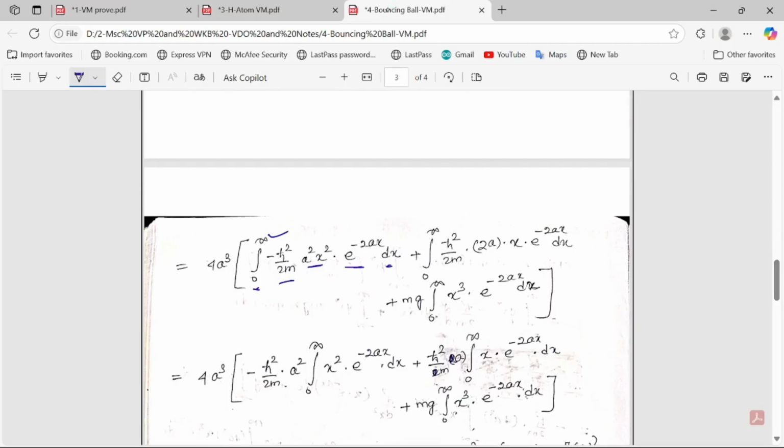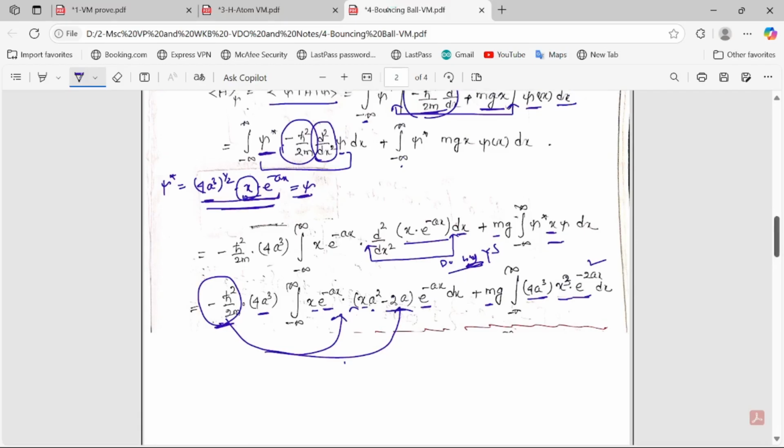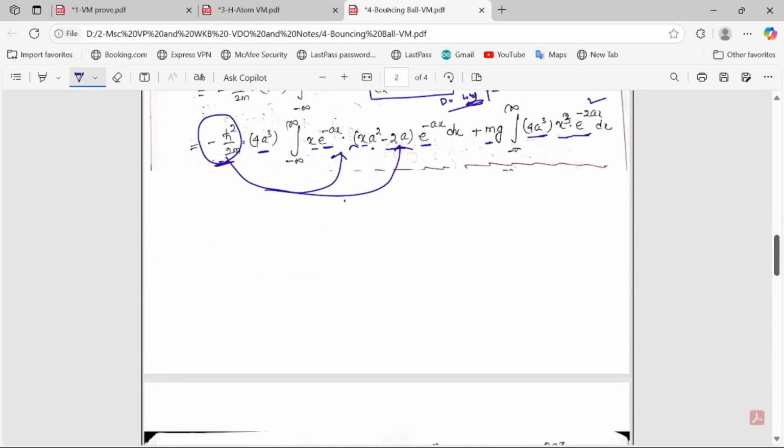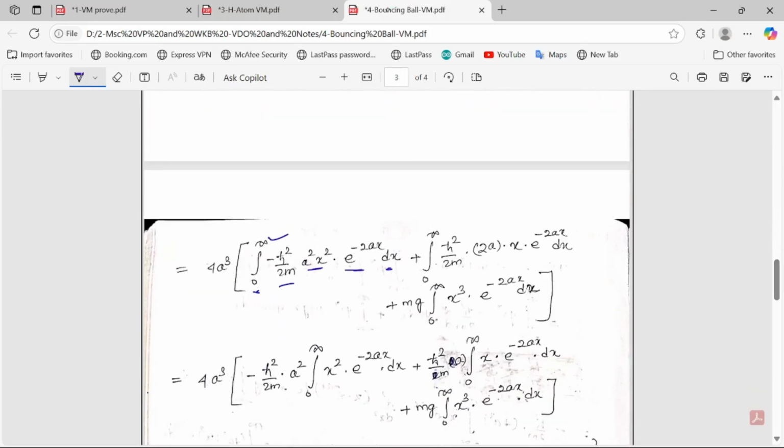Then next term will be 0 to infinity, minus h square, here I multiplied with this term and multiplied with again this term, here minus h square by 2m minus 2a, if I multiply, then here x e to the minus 2x, e to the minus ax also multiply, so it will be plus h square by 2m 2ax e to the power minus 2ax dx.